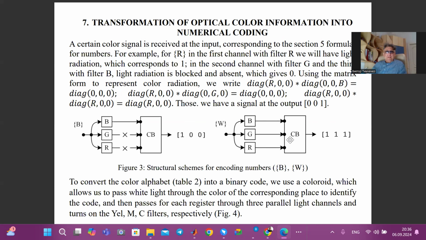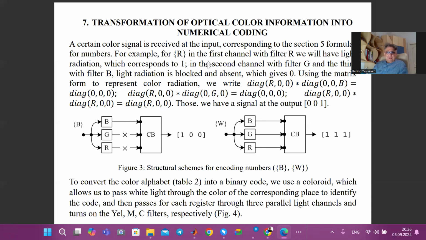A certain color signal is received at the input, corresponding to the section 5 formulas for the number. For example, for R, the first channel for filters, section 5, these filters are, we will have light radiation which corresponds to 1. In the second channel, with filter G and the third with filter B, light radiation is blocked and absent, which gives 0.